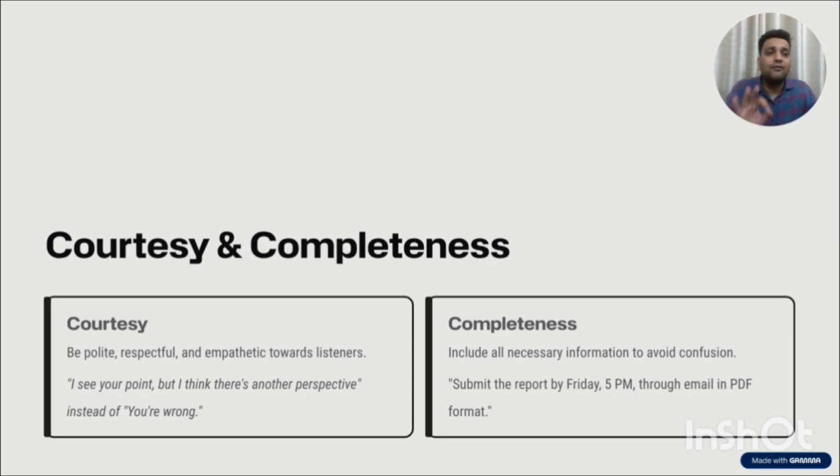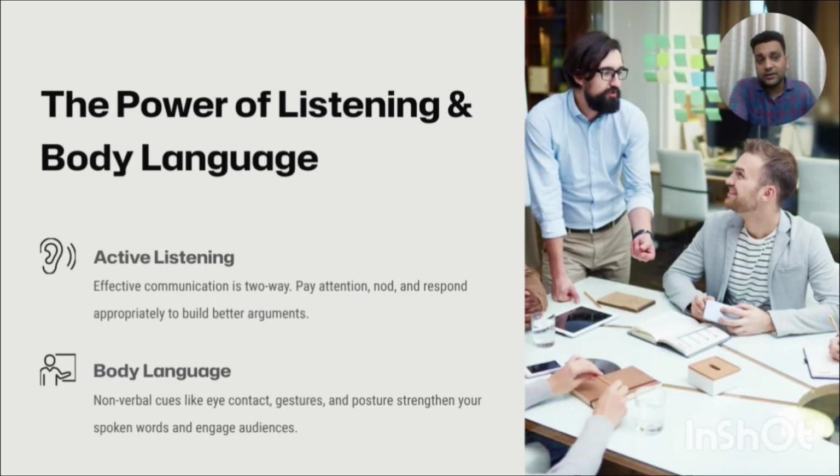Don't give half information, incomplete information. Don't complicate things. Don't try to confuse the receiver. Always give complete information in a simplified manner. So completeness should also be there in your speech.